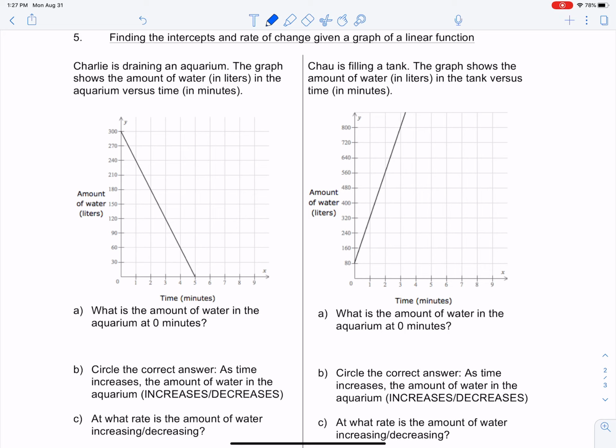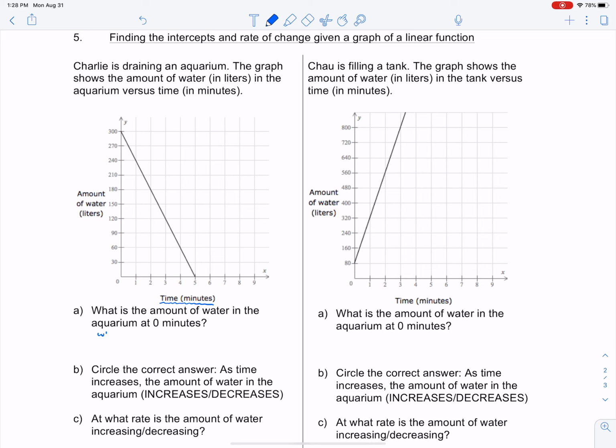All right. Well, let's label some things between points here. We want to find out what is the amount of water in the aquarium at 0 minutes. Well, I have time at the bottom here, starting at 0 minutes, 1 minute, 2, 3, 4, 5 minutes, 6, 7, 8, 9, etc. And I want to find the amount of water in the aquarium at 0 minutes. Well, my 0 is right there at the left-hand side.